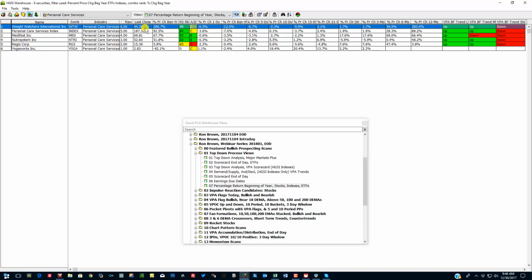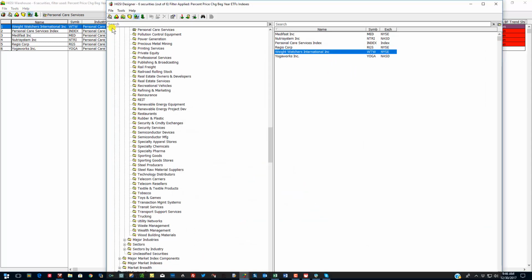and I want to do something else. I'm going to go into the designer, and you can see that I transfer directly from the warehouse to the designer. Here's WTW. I'm going to type that up here, and then I'm going to click on this folder over here.